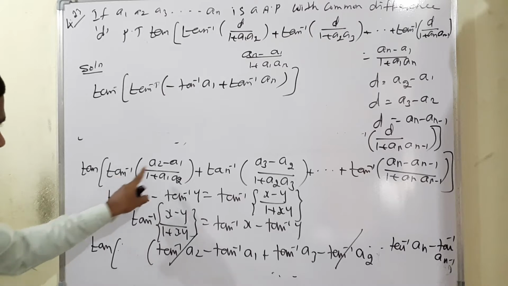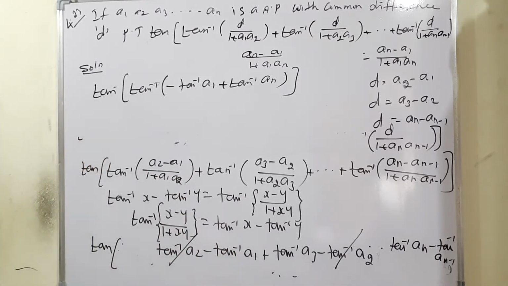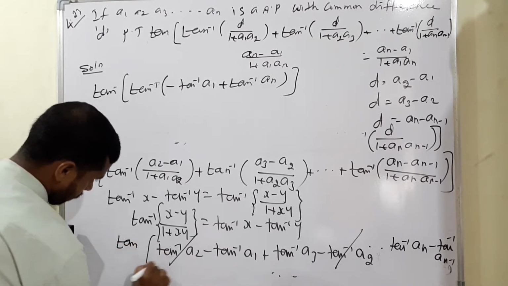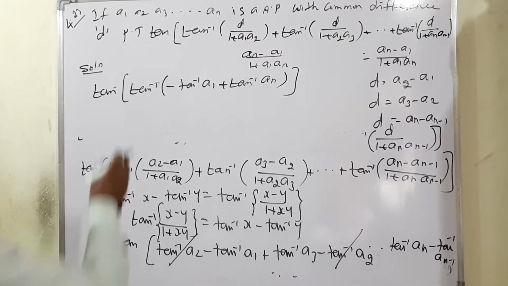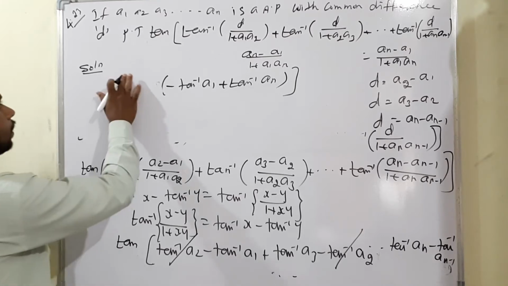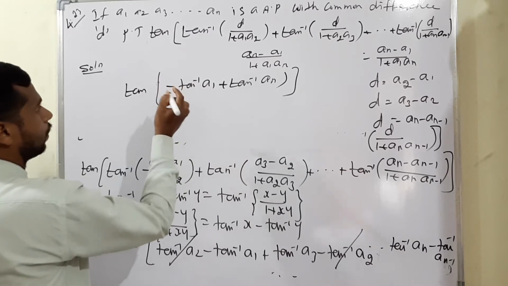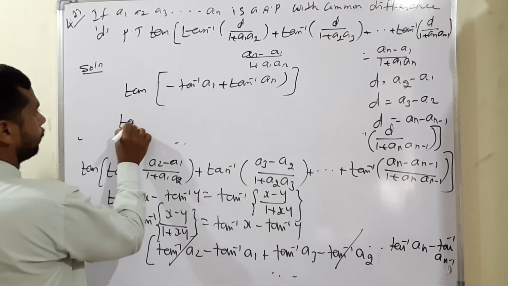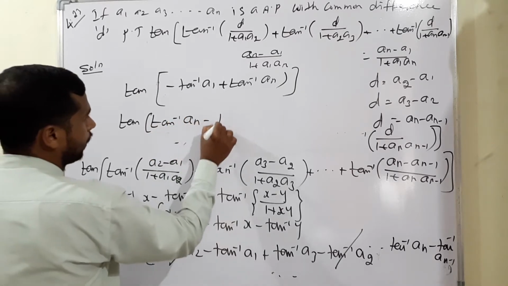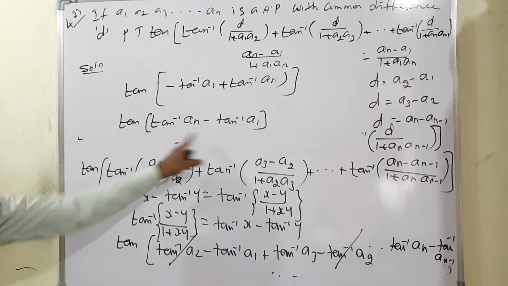This is tan inverse of a bracket, meaning tan inverse x, isn't it? Now here also, starting with the positive, tan inverse an minus tan inverse a1. This is also tan inverse x minus tan inverse y.